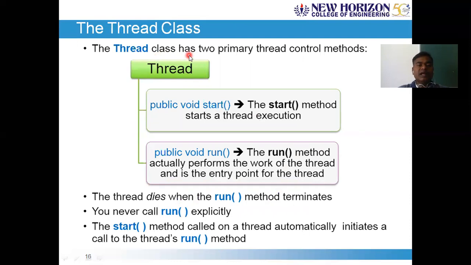This Thread class primarily comes with two primary thread controls: one is start and the other is run. These are built-in functions associated with the Thread class, and there are a couple of other functions as well, which we will explore in detail one by one later.